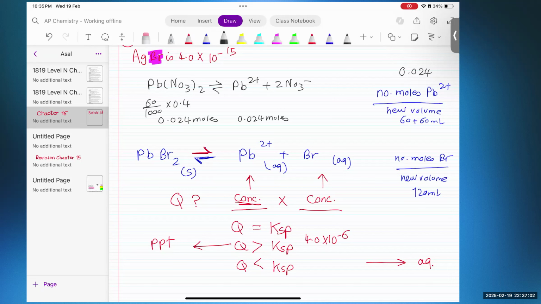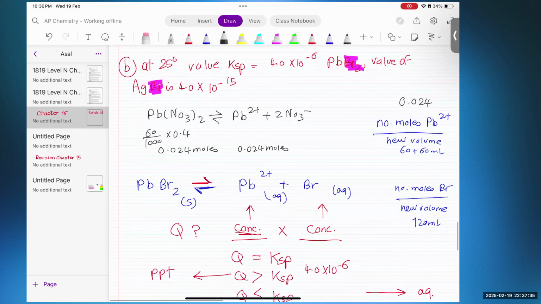And what about the number of moles of bromide? Can you calculate it for me? I need the sodium bromide concentration, which is 0.100, right?